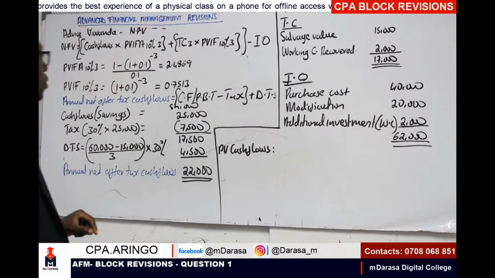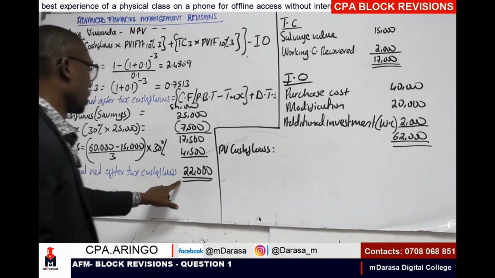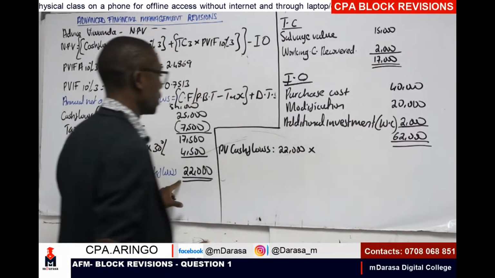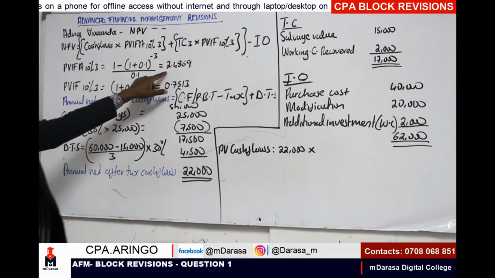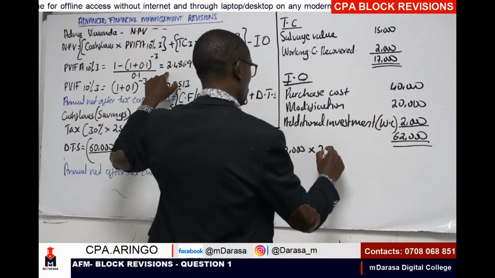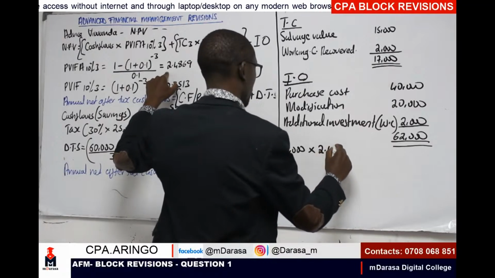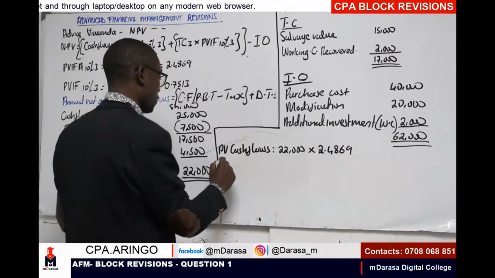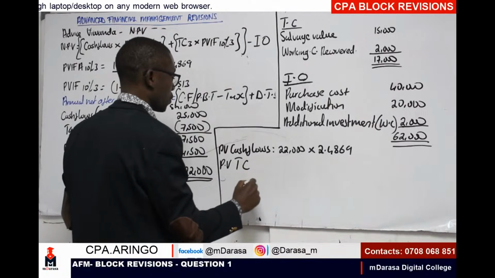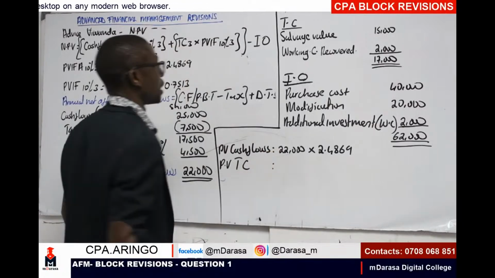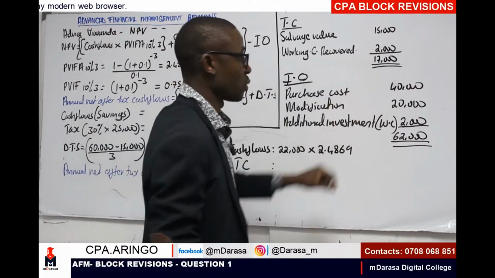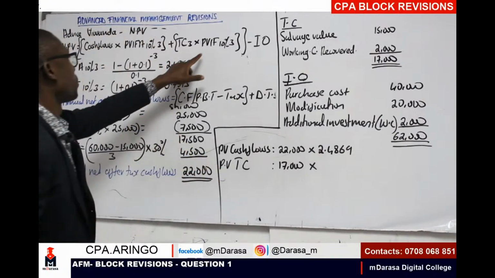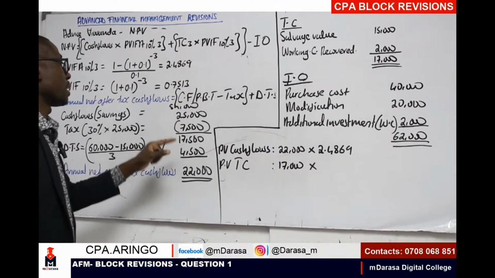I'm having our 22,000, the annual net after tax cash flows, right? We multiply by the present value interest factor, which we had here, 2.4869. We come and have our present value of our terminal cash flows. Terminal cash flows, 17,000, which you have determined, times our present value interest factor, because it was a lump sum value, which is what?